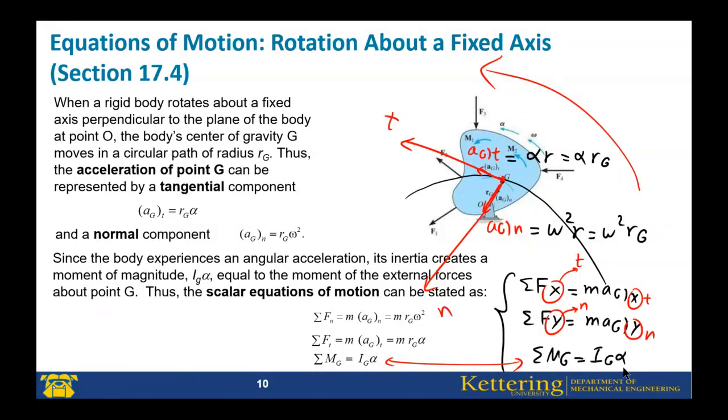For a rotation of the rigid body, we use a normal and tangential coordinate system because it's much easier than using the XYZ coordinate system. And we use the accelerations of normal and tangential as you learned, and they depend on omega and alpha, the angular velocity and angular acceleration.